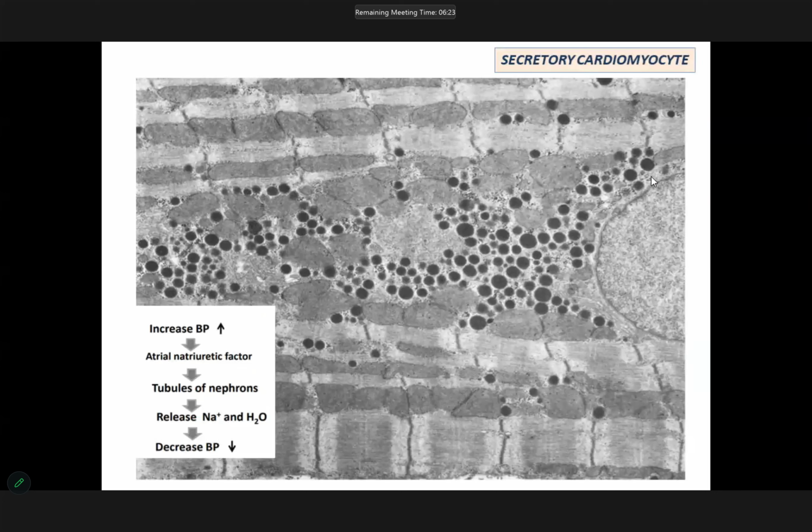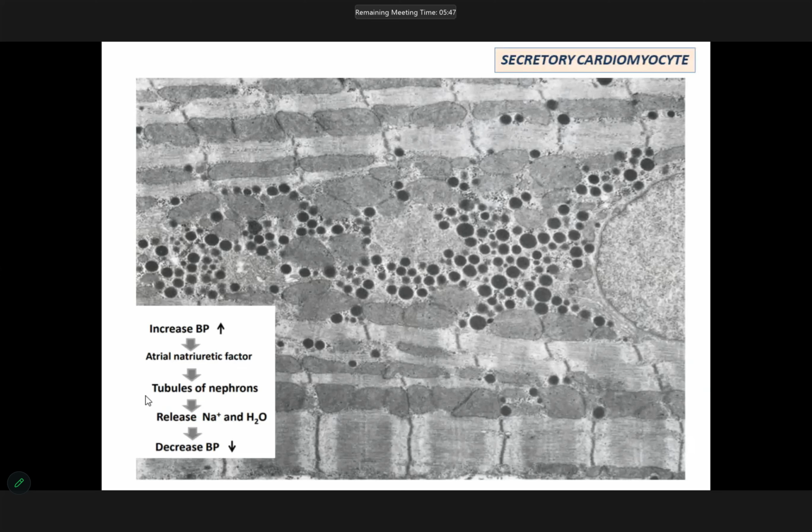Secretory cardiomyocyte. This is the part of its cytoplasm with secretory granules with atrial natriuretic factor. How it works? If the blood pressure, BP is blood pressure, if the blood pressure becomes too high, it is not good for heart, and heart wants this blood pressure to be decreased. So secretory cardiomyocytes release their atrial natriuretic factor into blood.